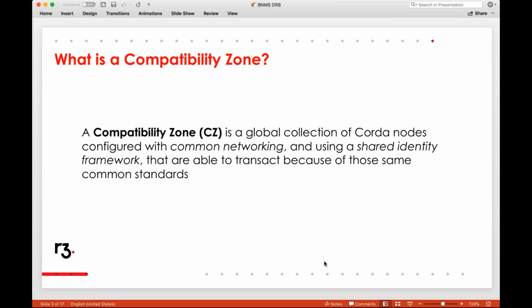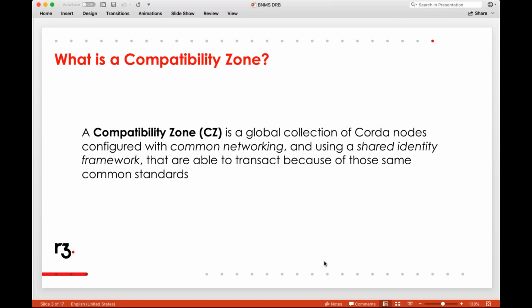This is an example of one of the parameters which can be set at the compatibility zone, for example, a minimum platform version. Another example would be the identity. For the nodes to be able to talk to each other and to trust each other, they have to share the same identity root, which is, as you know, the service called Doorman, which issues the node certificates in Corda.